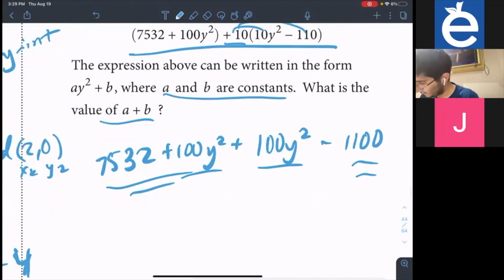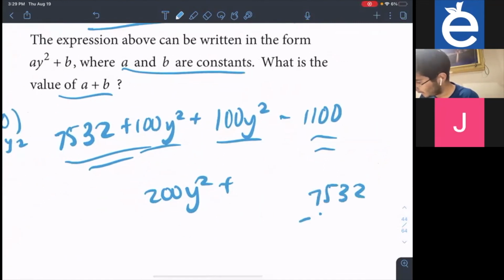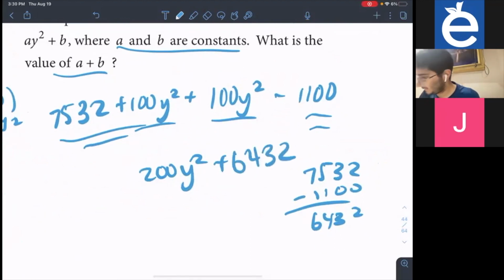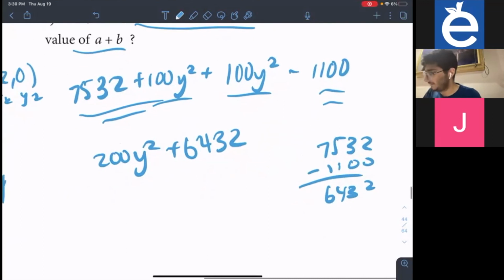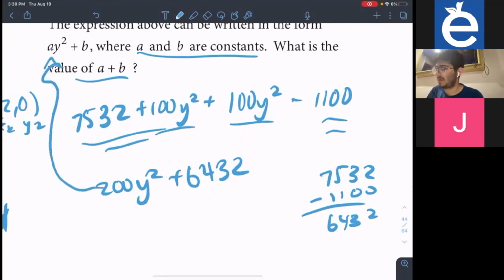And you get 200y squared plus 7532 minus 1100, which is 6432. This is what you have after simplifying. And now they're asking for the value. So now this is in the form of ay squared plus b.